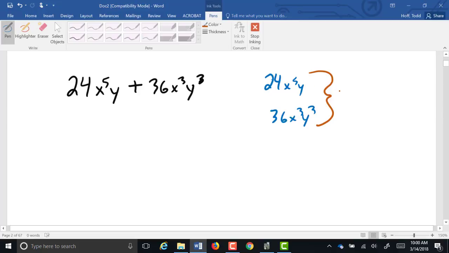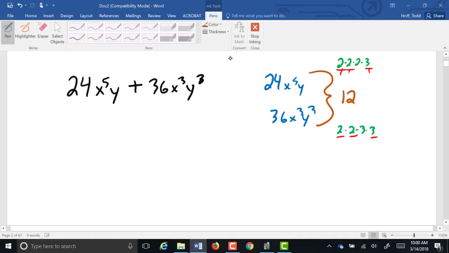Careful. 12. If we factor the 24, it's 2 times 2 times 2 times 3. Factor the 36, it's 2 times 2 times 3 times 3. We have a 2 in each, another 2 in each, and a 3. 2 times 2 times 3 is 12.